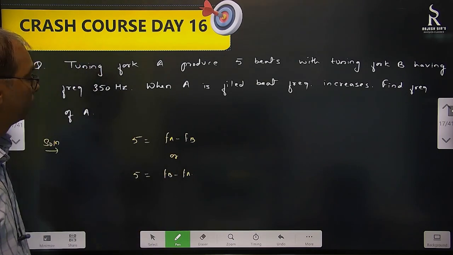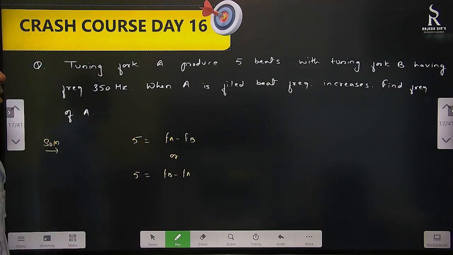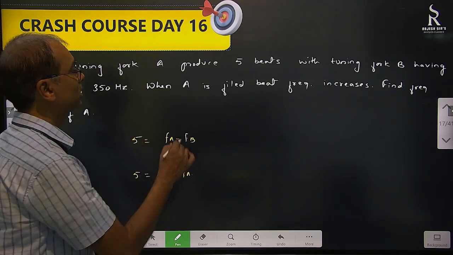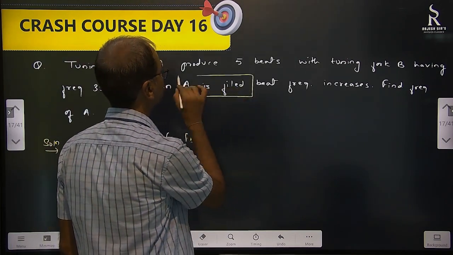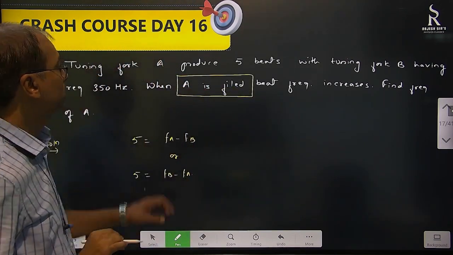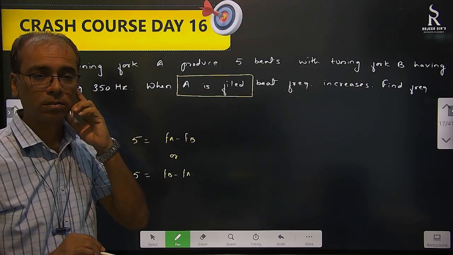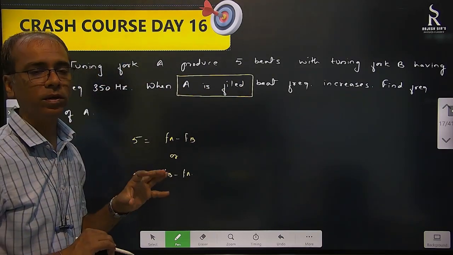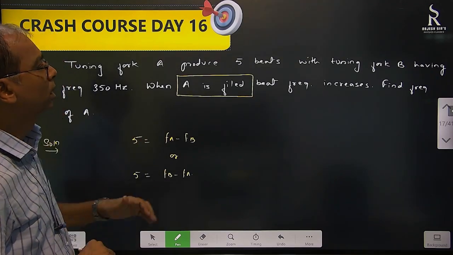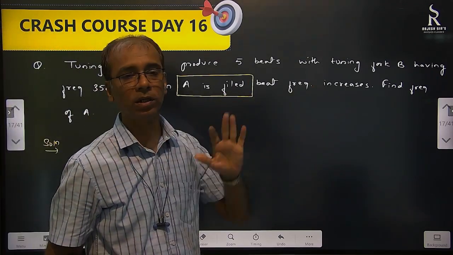The second piece of information is that A is filed, which means you are increasing the frequency of A, and the beat frequency also increases.